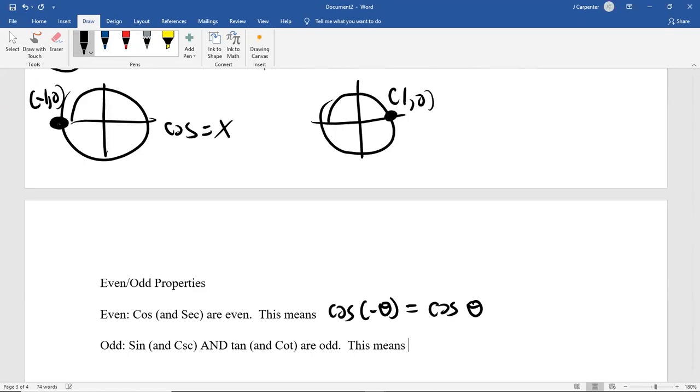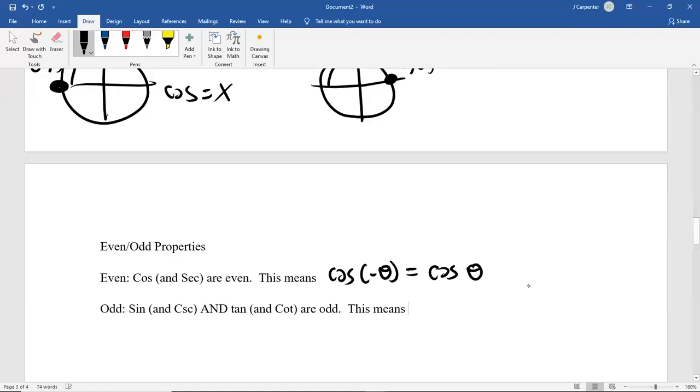This means the sine of a negative angle is the same thing as the negative sine of the positive angle. Remember, when an angle is negative, that means we're swinging clockwise instead of counterclockwise, which is very atypical for trigonometry.